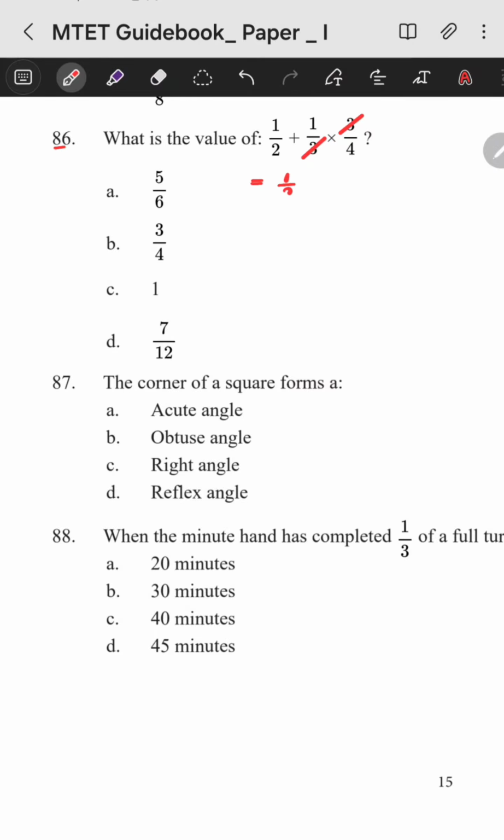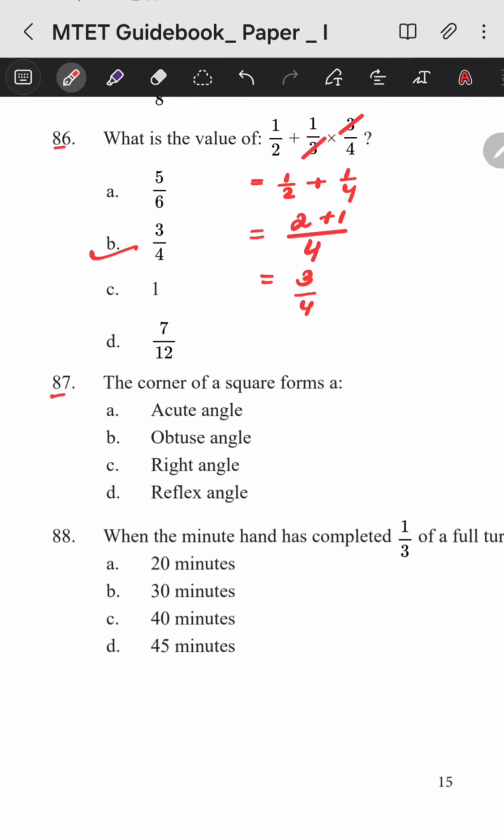Remaining is 1 by 2 plus 1 by 4. If you take the LCM, it will be 4, and 4 by 2 is 2, 2 into 1 is 2, plus 4 by 4 is 1, 1 into 1 is 1. So if you simplify further, 2 plus 1 is 3 by 4. So option B is your correct option here.